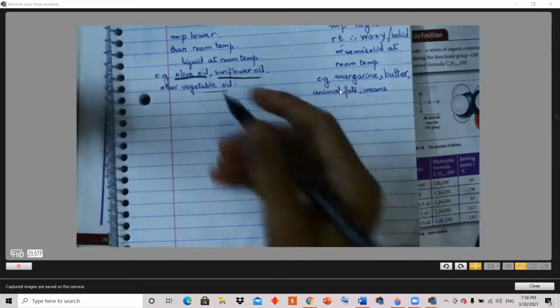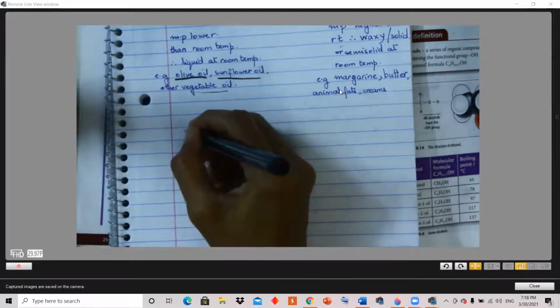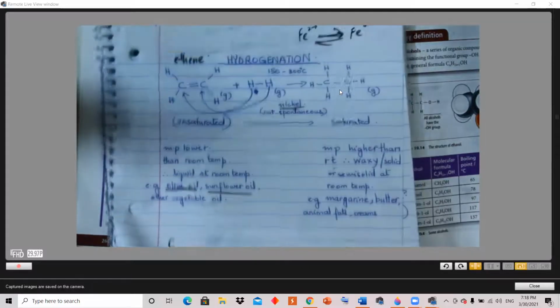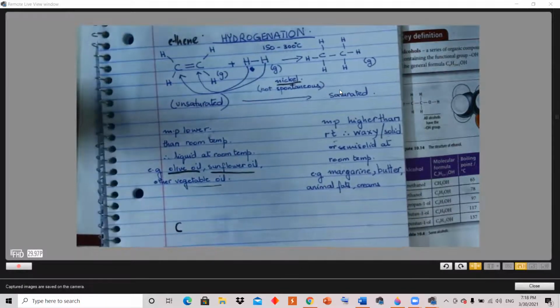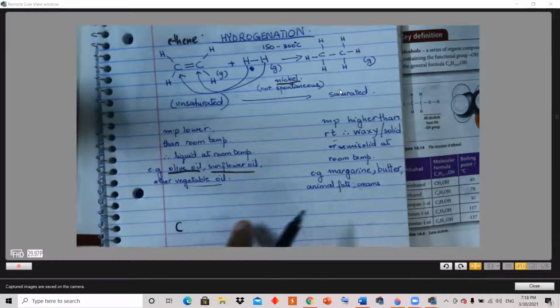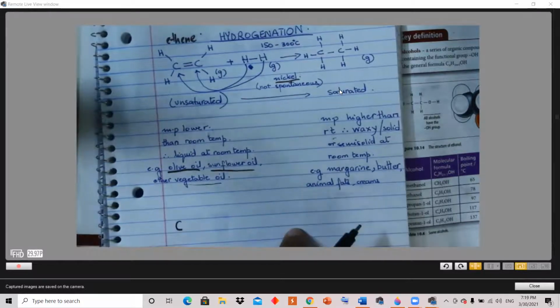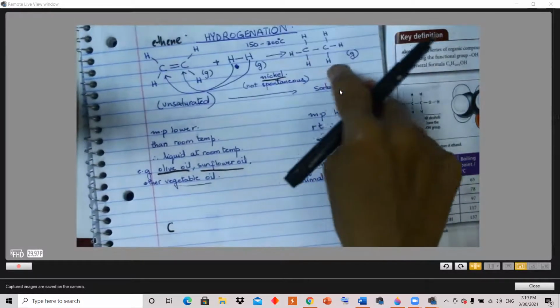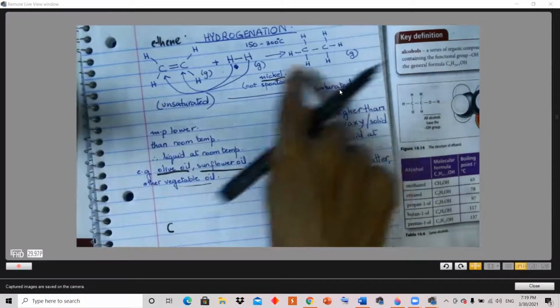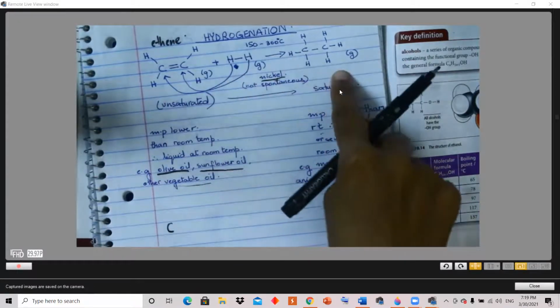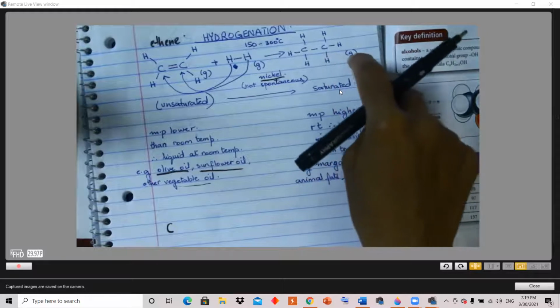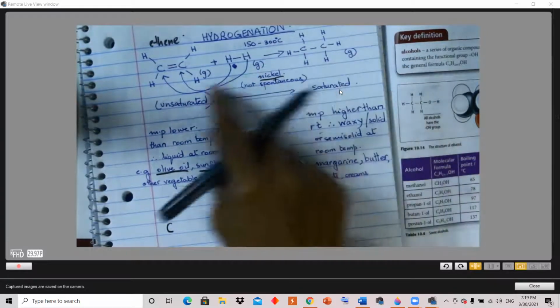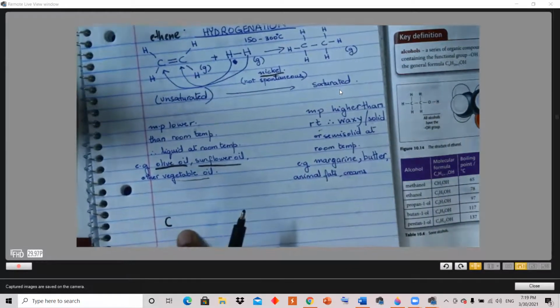Let's see if we can balance the equation. So we know ethene's formula. When I was a student, writing the chemical formula equation was not as easy as drawing this. If it is easier for you as well, you can draw this and then write down their formulae looking at them.